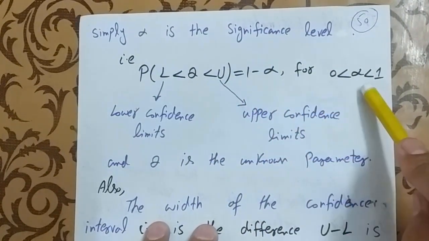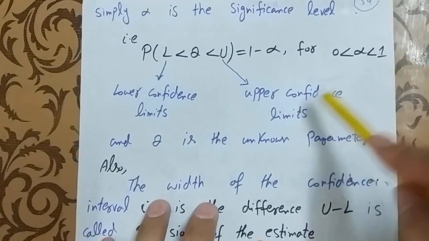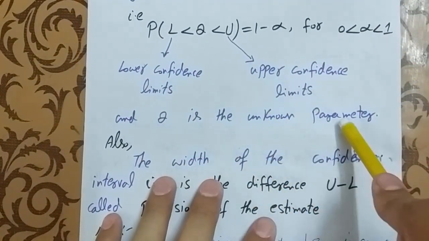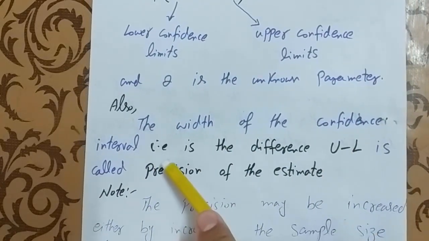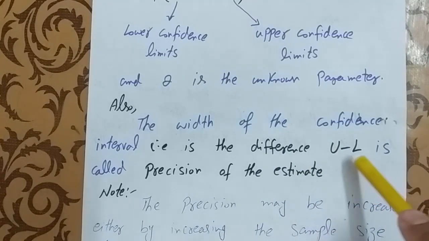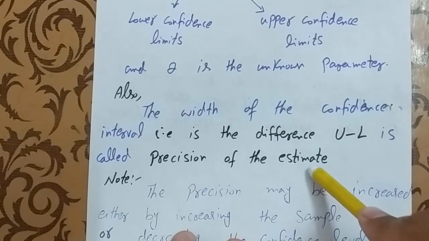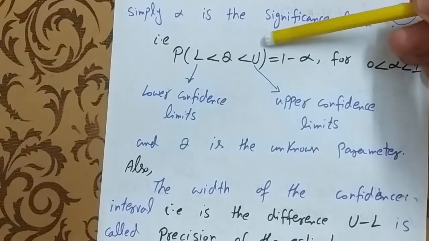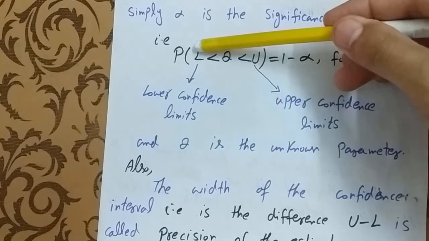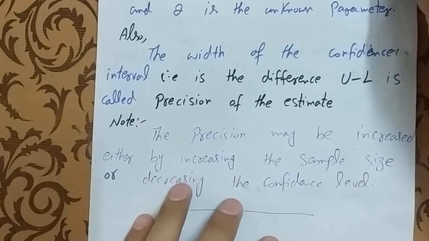The value of alpha is between 0 and 1, not equal to 0 or 1, and theta is the unknown parameter. Also, the width of the confidence interval, the difference U minus L between the upper and lower confidence limits, is called the precision of the estimate.